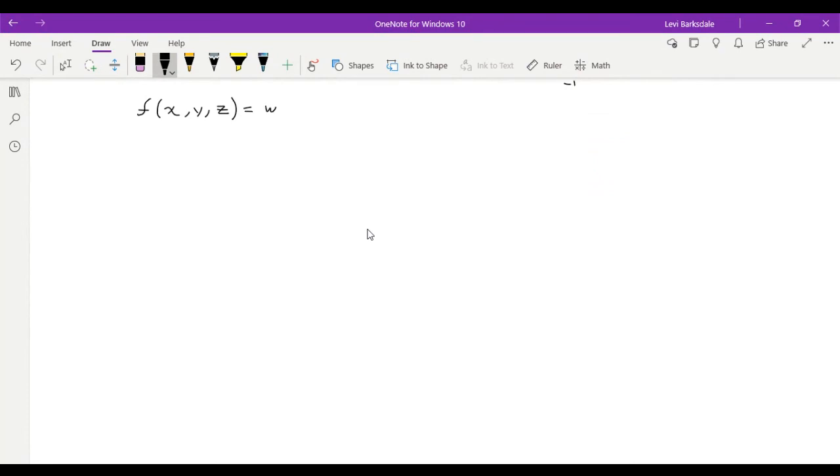We'll call it W. If we wanted to put a complete graph of this, it would actually have to be in 4 dimensions, because we would need 3 dimensions, 1 for each of our inputs, plus 1 dimension for our output. So obviously we can't sketch that because we can't sketch things in 4 dimensions. What we can do is sketch what's called level surfaces. That is a 3-dimensional level curve, where we replace this dependent variable with a constant.